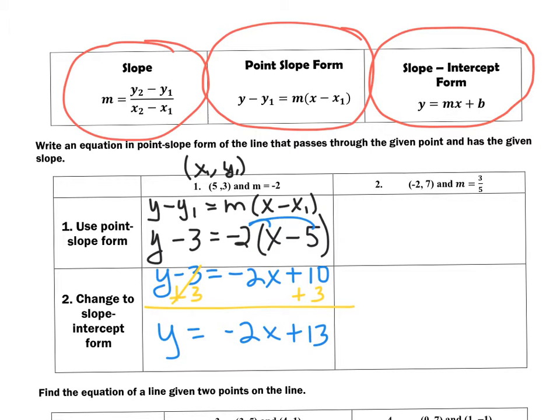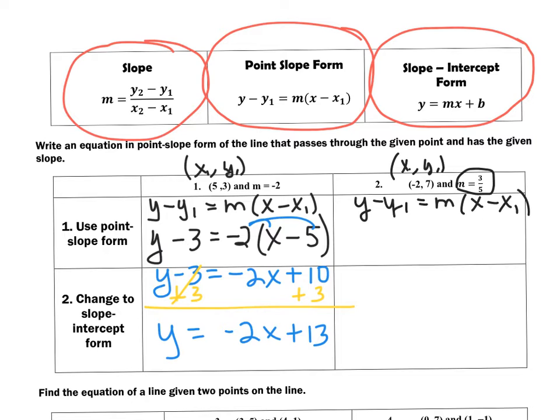So let's do this again. We have our x1 and our y1 and our slope, so we just plug them into the equation: y minus y1 equals m, the slope, times x minus x1.